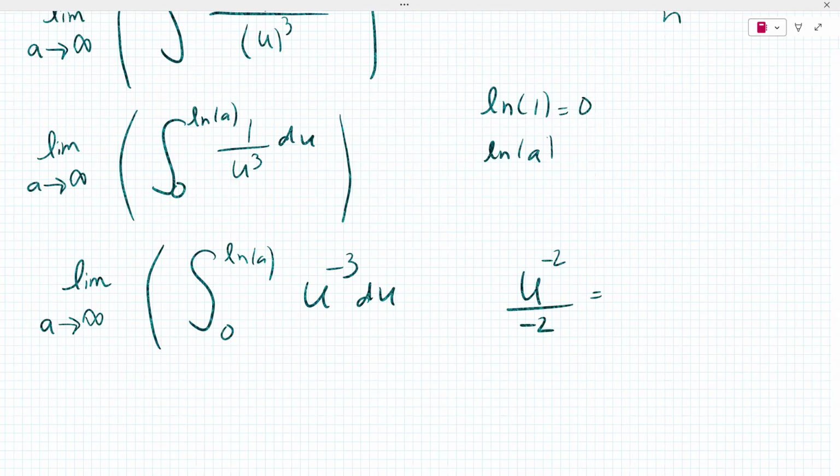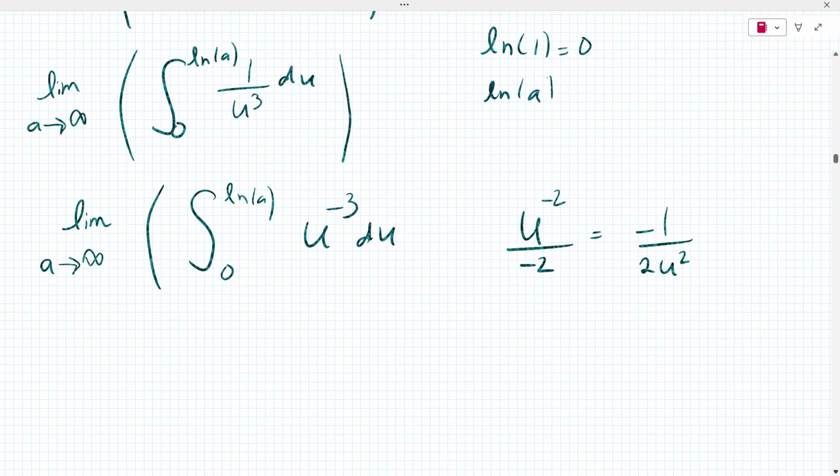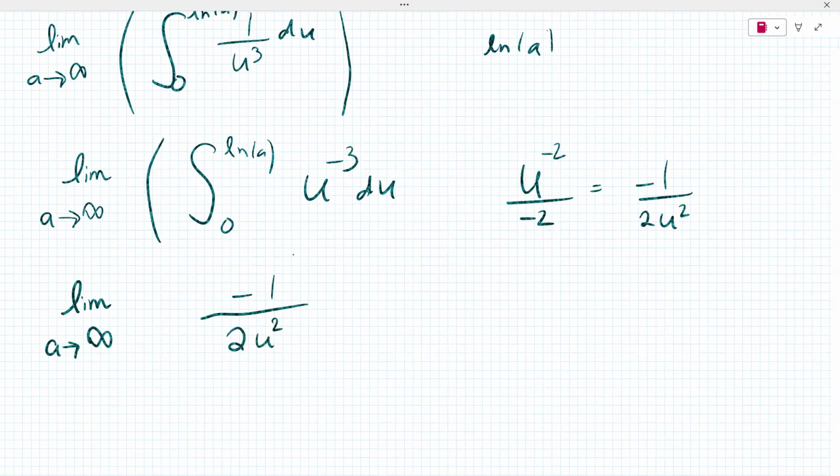So that is the same thing as negative 1 over 2 times u squared, right? We can write this as the limit as a goes to infinity of negative 1/2 u squared, from 0 to ln of a.